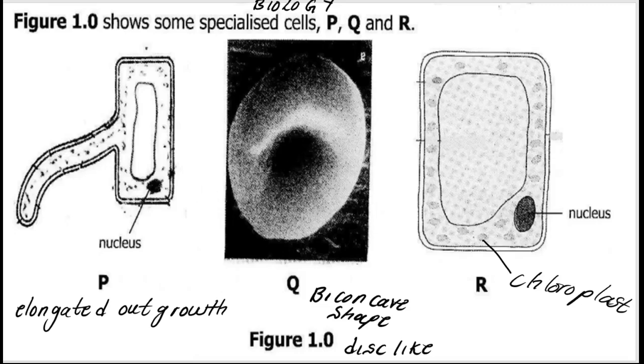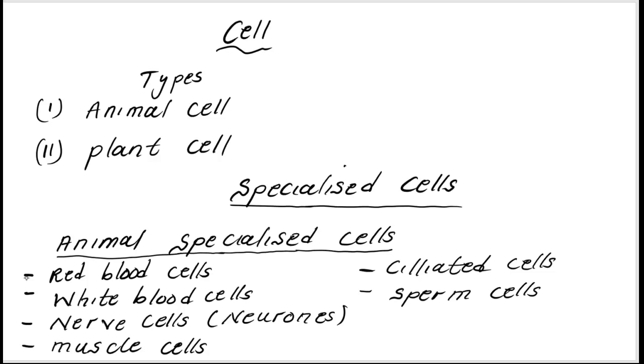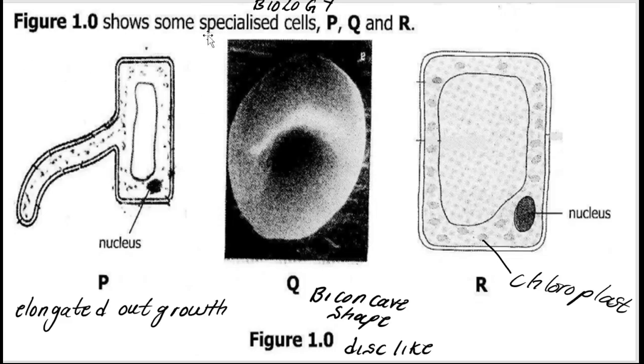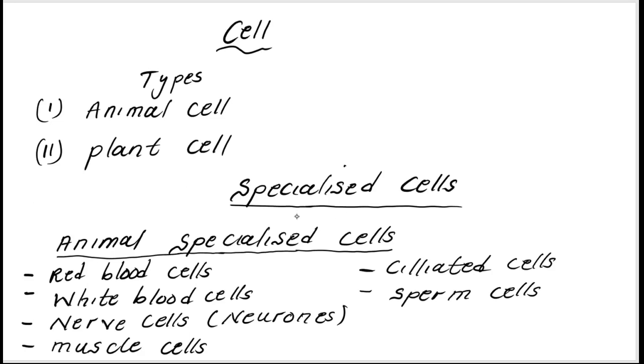So make sure that you watch the video as many times as you can, starting from the first where we talked about the cell, the types of cells, animal and plant cells, and then the question is mainly on specialized cells. I started by first mentioning the animal specialized cells, meaning they have specific or special functions.